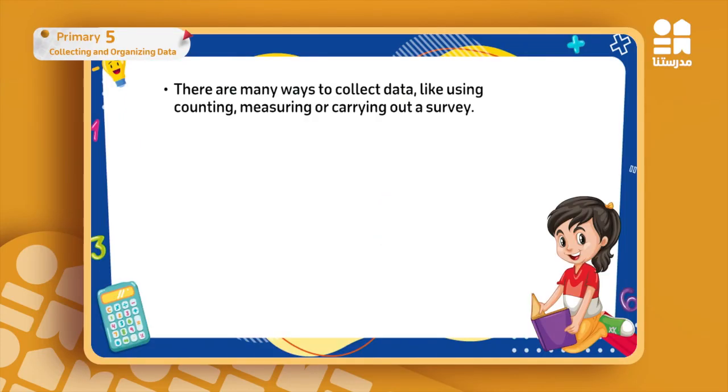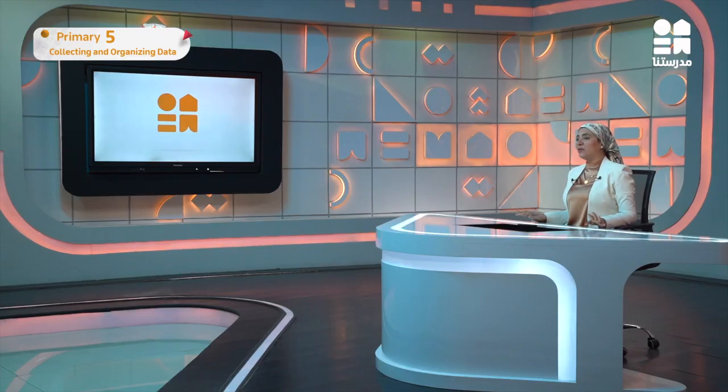So collecting data has many ways and many aspects, like counting, measuring, or even carrying out a survey. Carrying out a survey means that I ask people and collect their opinions, and I organize these opinions or results in certain tables to be used later on.